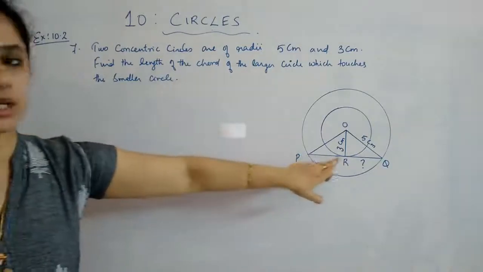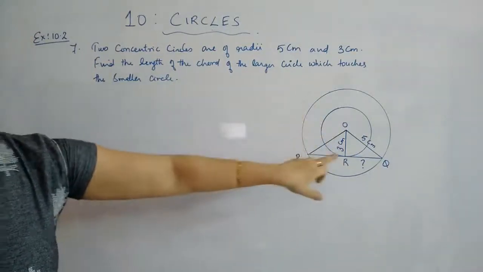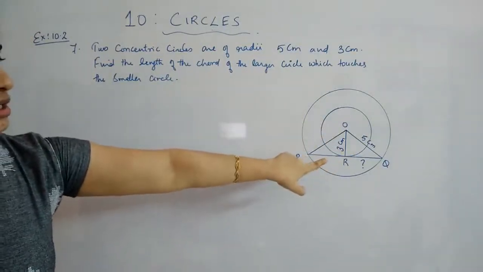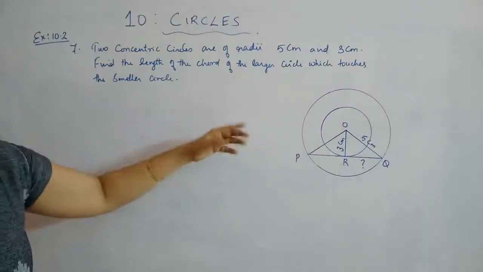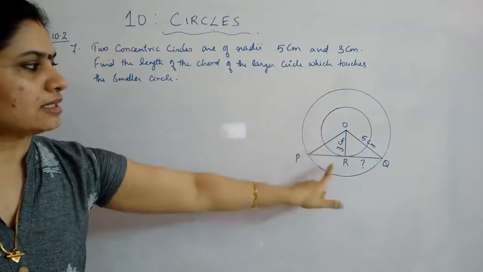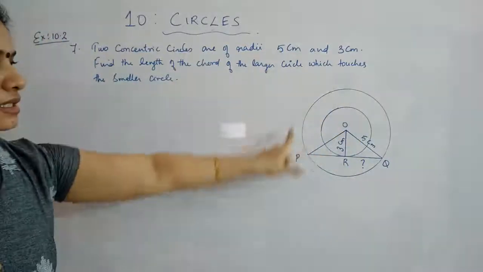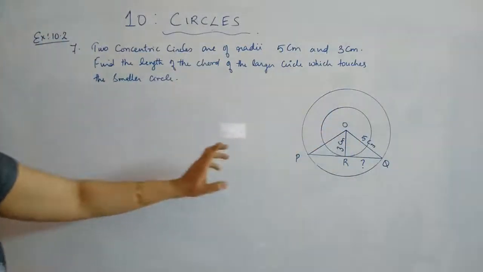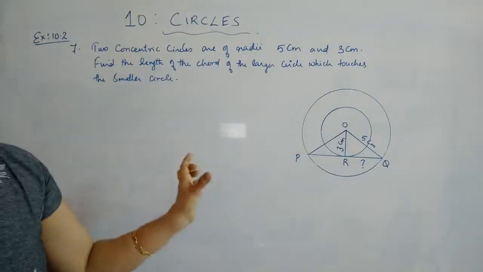So PQ is taken as the chord of the larger circle, and that chord touches the smaller circle, means it acts as a tangent to the smaller circle. PQ acts as the tangent to the smaller circle and it is the chord for the bigger circle. Okay, you have to find out the length of that chord PQ.